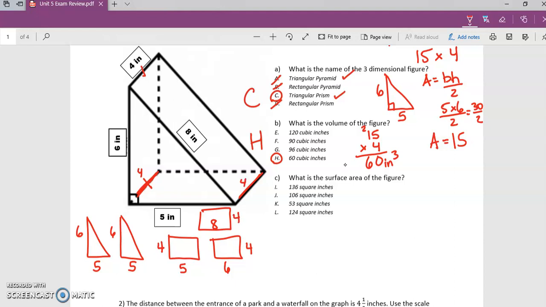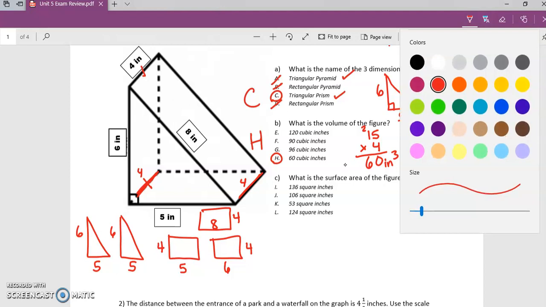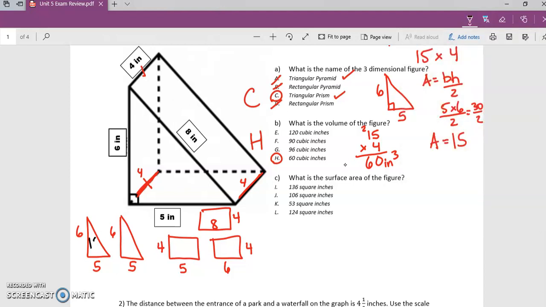So now we have all of our shapes set out. We're going to find the area for the triangle, multiply it times 2, and then find the area for each of those rectangles, and combine all the areas together. The area of the triangle, I already figured out: it's 15, so I have 15 as the area right here, and 15 as the area right here.